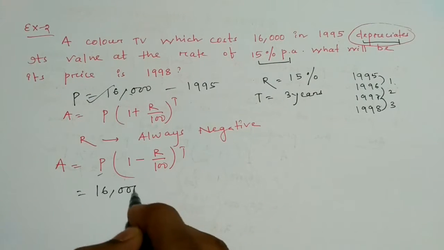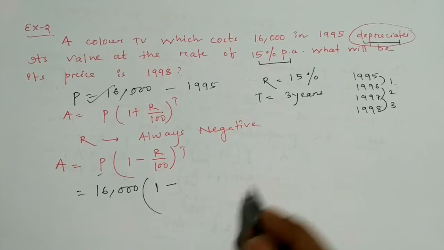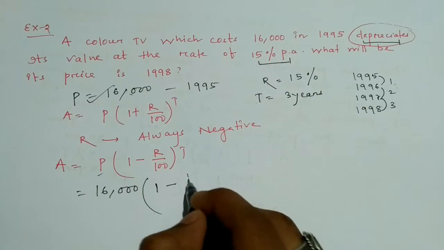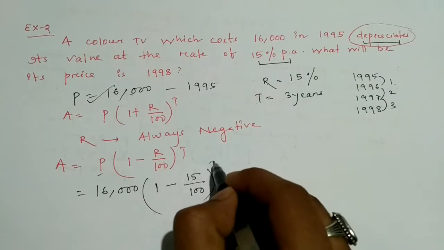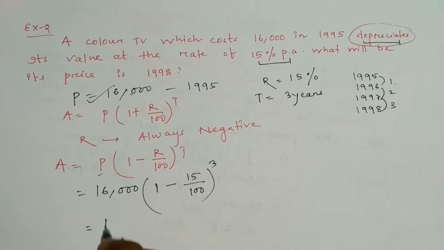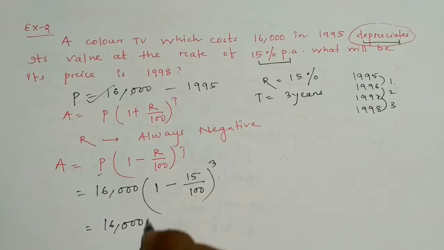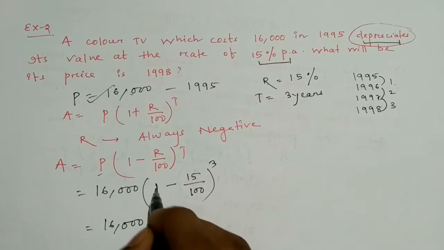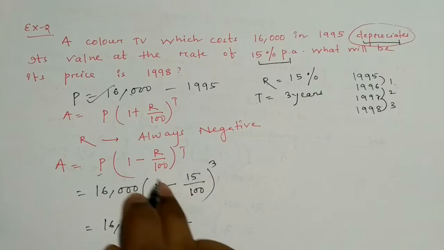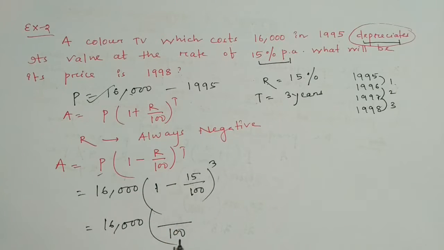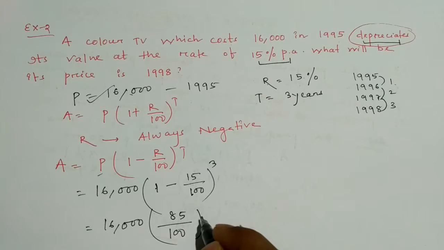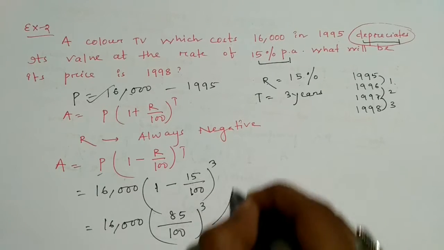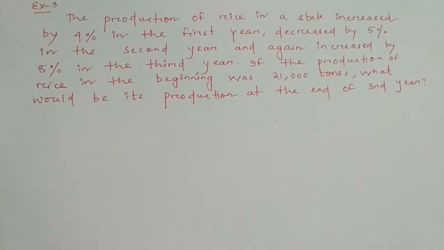So 16,000 whole 1 minus R by 100, R is 15 divided by 100, to the power T, T is 3. It will be 16,000 whole, 100 will be the LCM, so 100 minus 15, that is 85, whole to the power 3. So when we go to solve this, it will be.